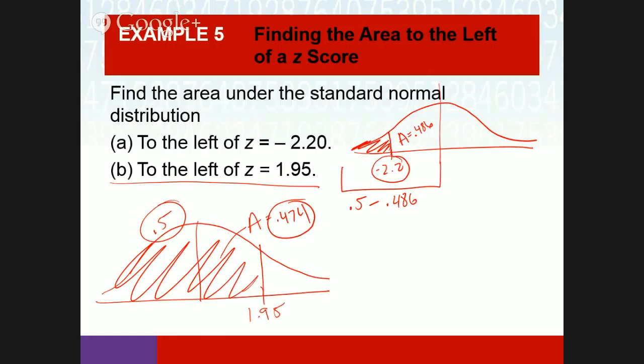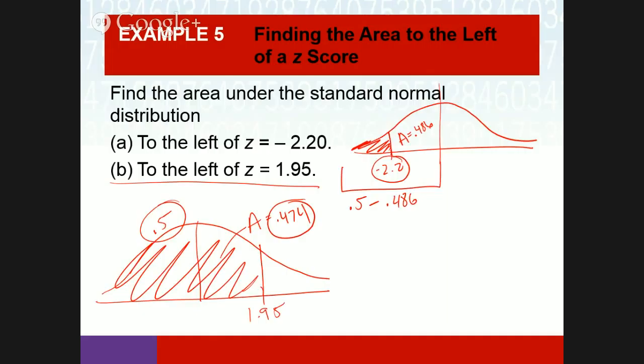So if you go to the right, you add. No, don't think that way, because it depends if I'm on the left side of the mean or the right side of the mean. Mean, median, mode, and standard deviation are all the same. This is the middle. Half the data is to the left and half of it's to the right.